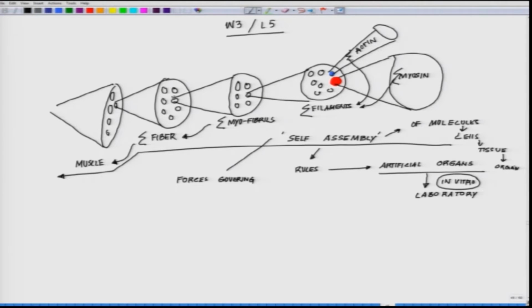Okay. So, keep this picture as a part of your brain map. Even if you forget, you should be able to figure out.